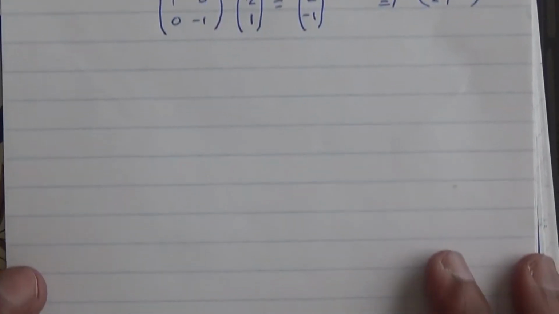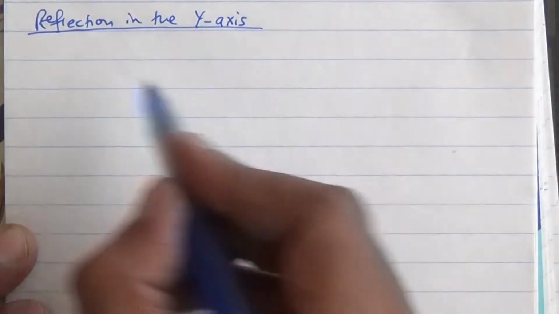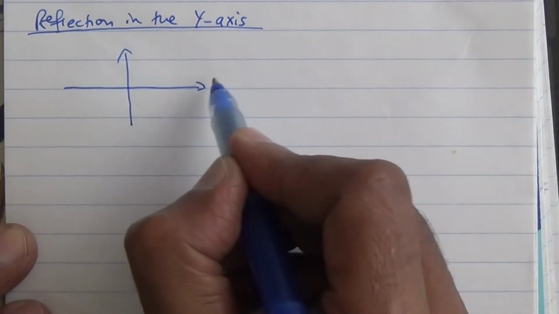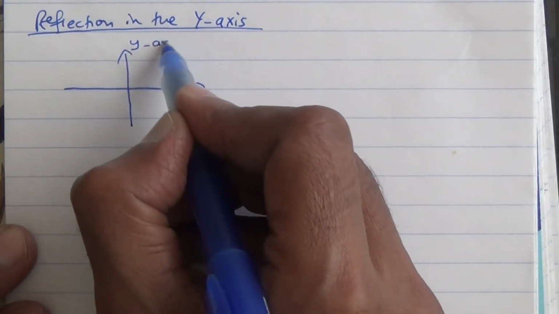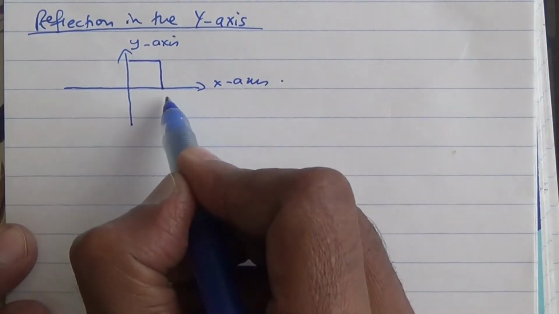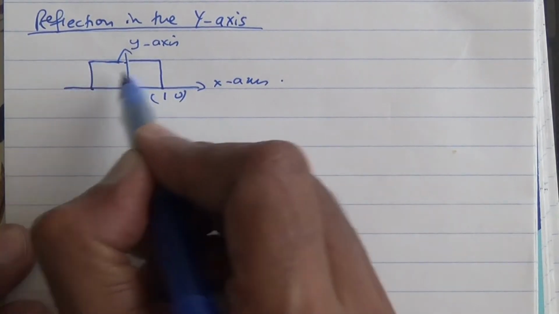Let's talk about reflection in the y-axis now. Similarly, if you have your coordinate axes, this is the y-axis, this is the x-axis, you may have a square here, and this is 1, 0, and it is reflected on the other side.